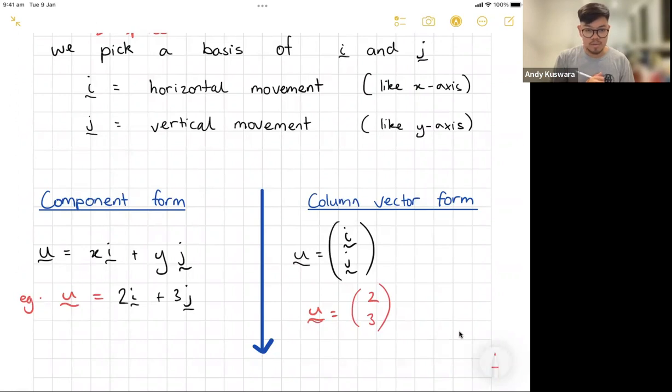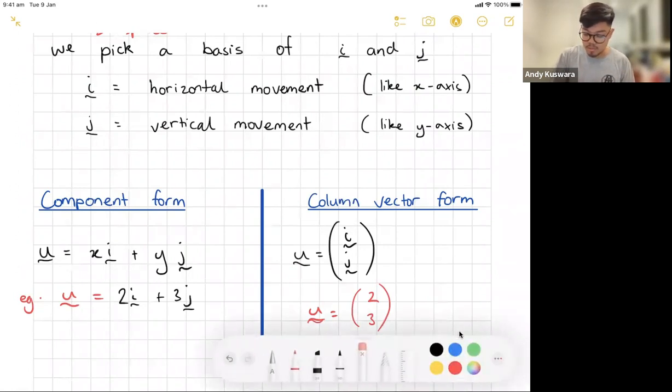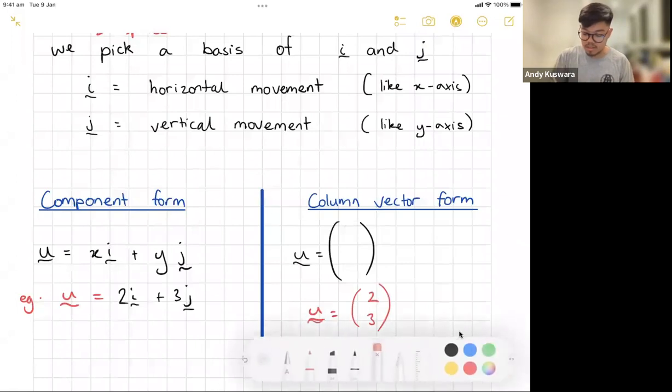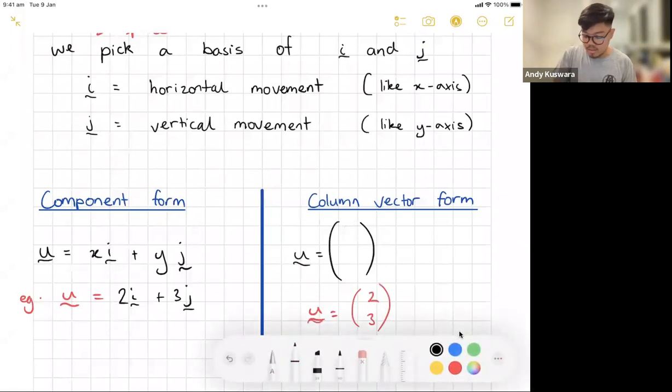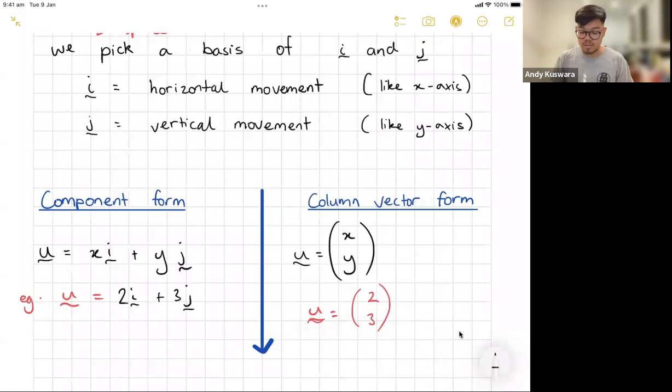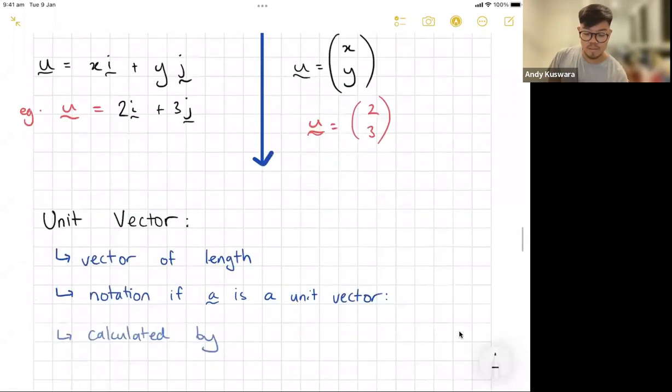So these two are how we rewrite each different one. Maybe to be more specific, I should have written these as x and y. So it's x lots of i, or xi plus yj, like that's how it's written. In the same way that 2, 3 would be 2i plus 3j. Hopefully that's making a bit of sense.